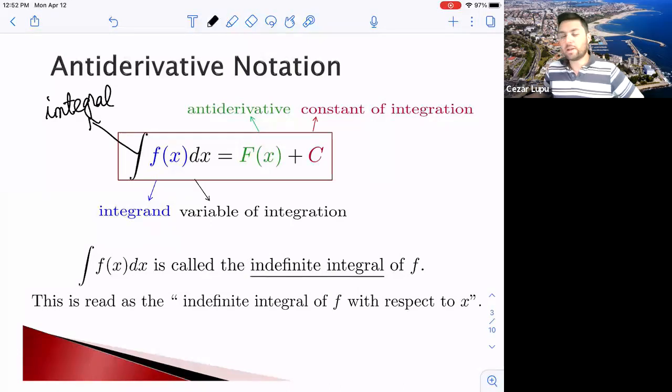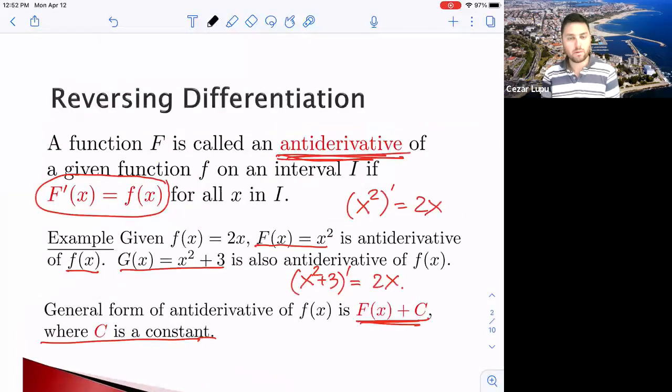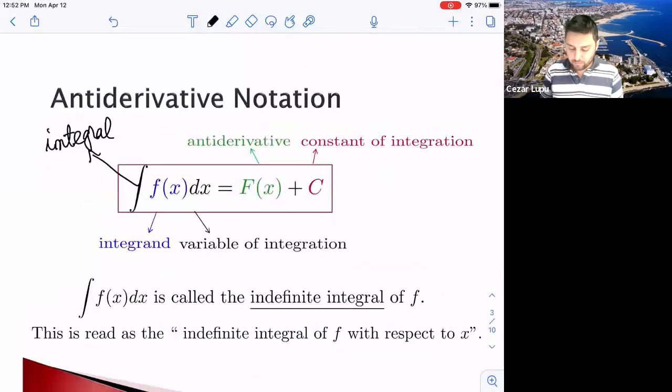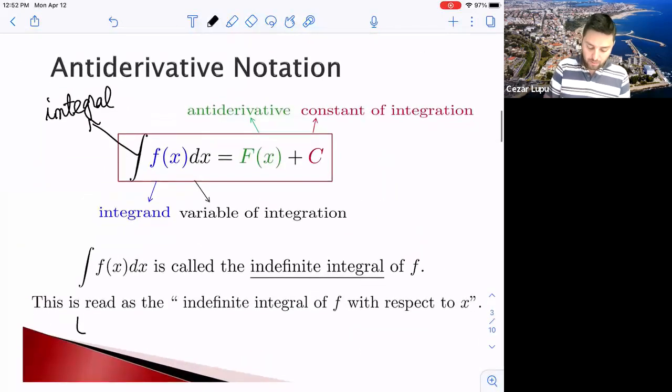In fact, I would like to go back to the previous slide. What can you tell me here? Based on what we saw, let me give you a quick example.